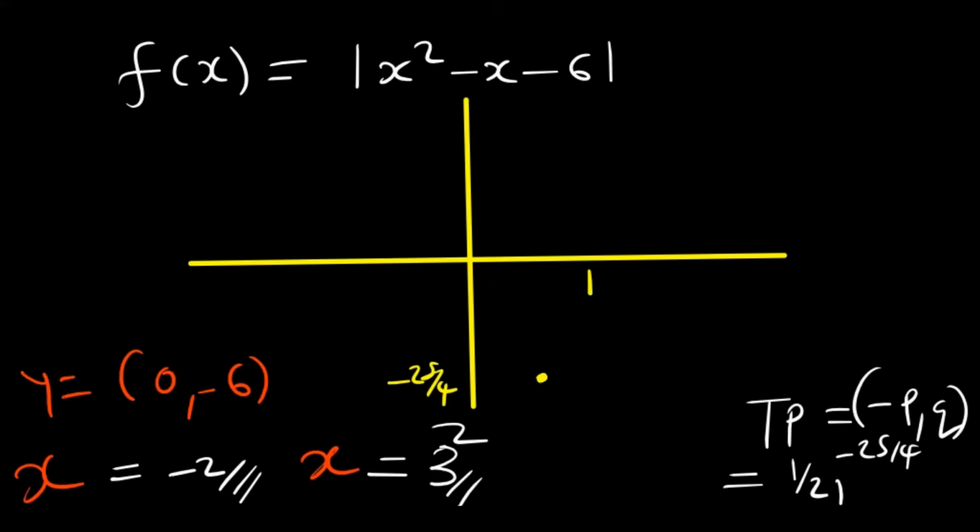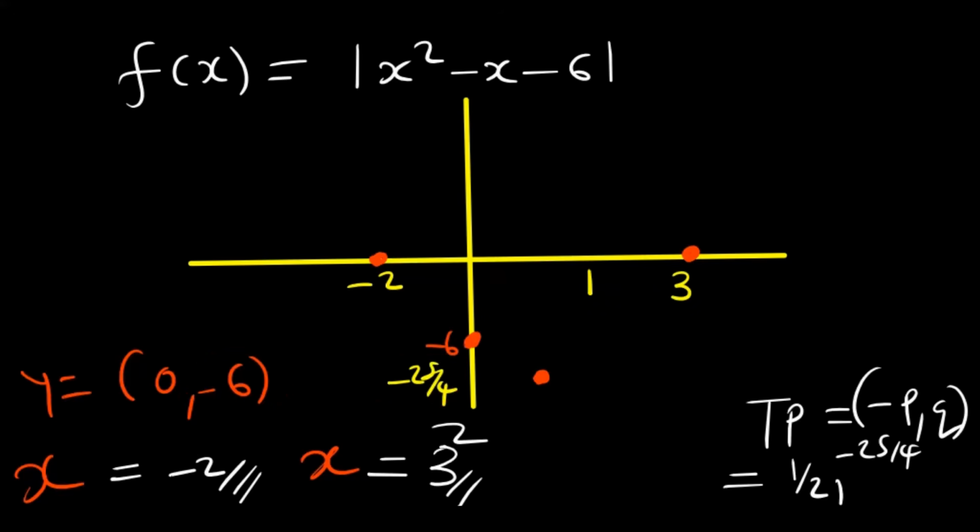Now where are we cutting the x-axis? We're cutting at negative 2. I can put the negative 2 here, and I can put the 3 here. Okay, so the points that we have for now is the turning point there, and the x-intercepts. Now where are we cutting the y-axis? We said we're cutting it at negative 6. So since this is at negative 8.5 somewhere there, let's say our negative 6 is somewhere here.